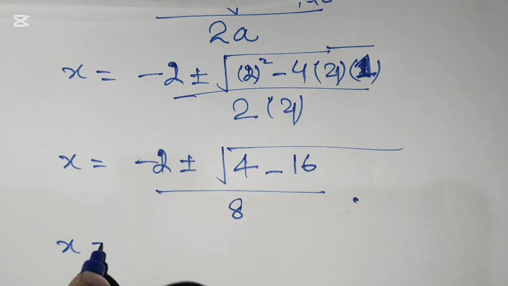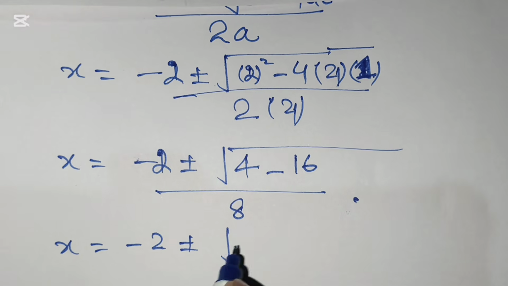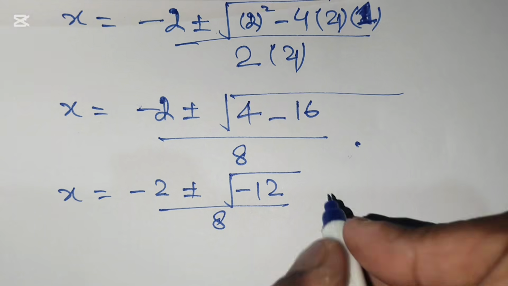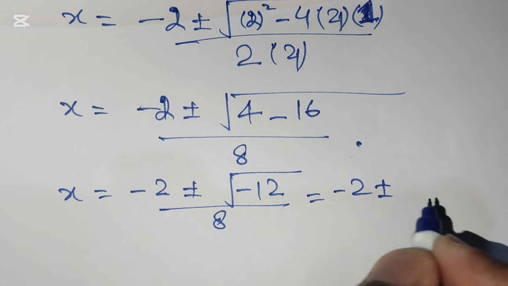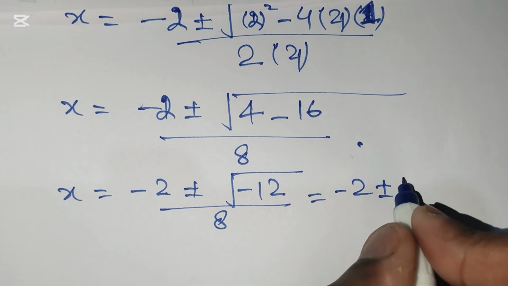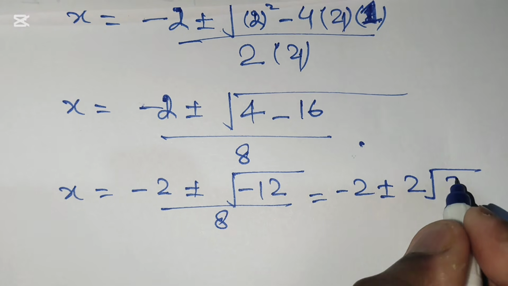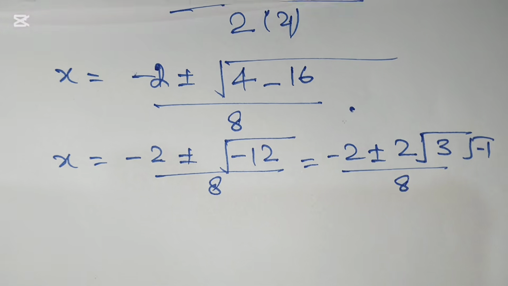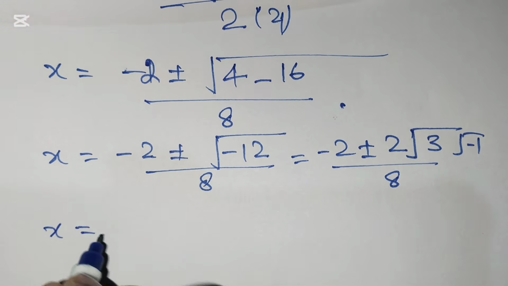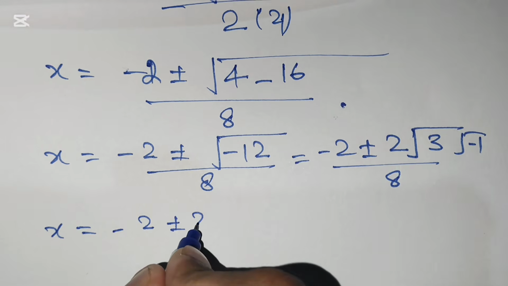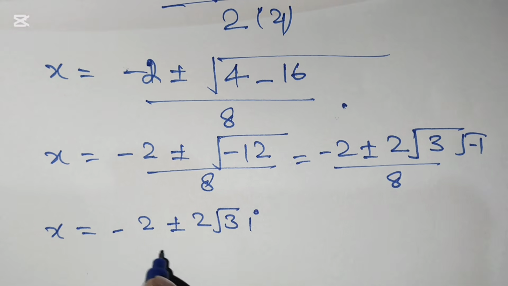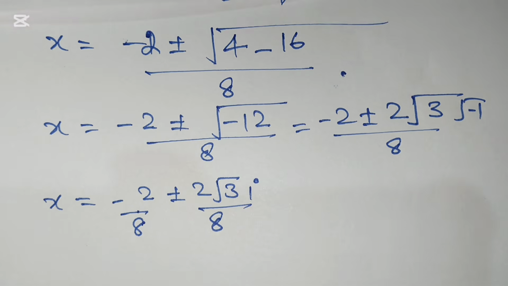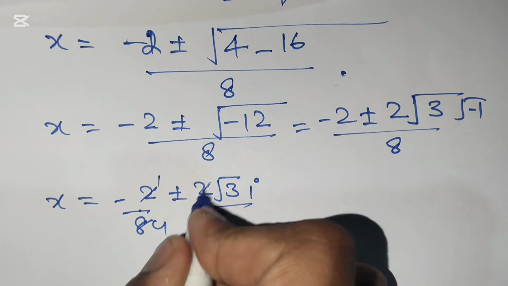So we have x equals minus 2 plus minus square root of minus 12 over 8, or it can be written as minus 2 plus minus 2 times square root of 3 iota over 8, dividing by 2 in numerator and denominator.